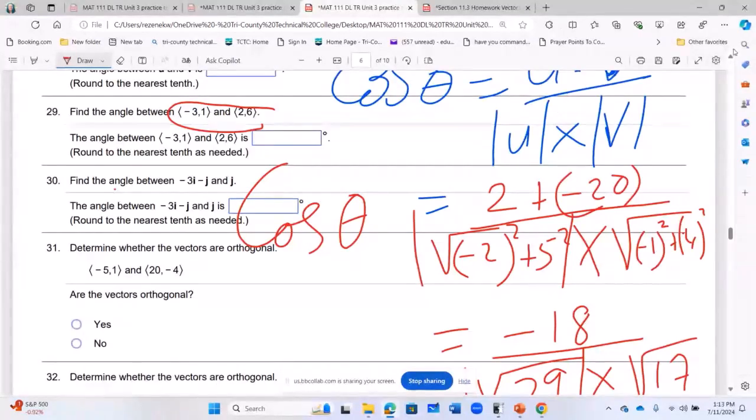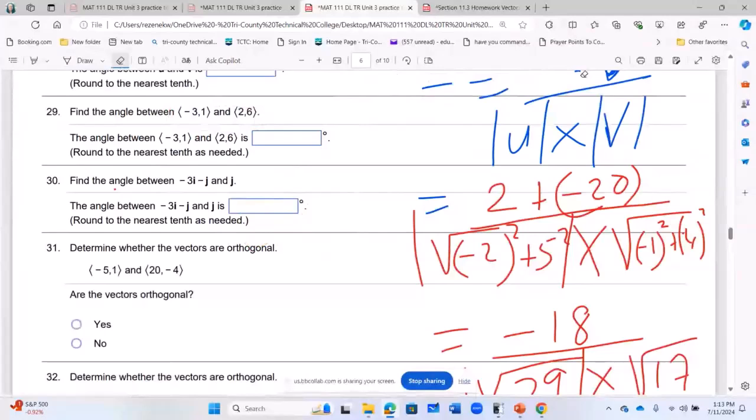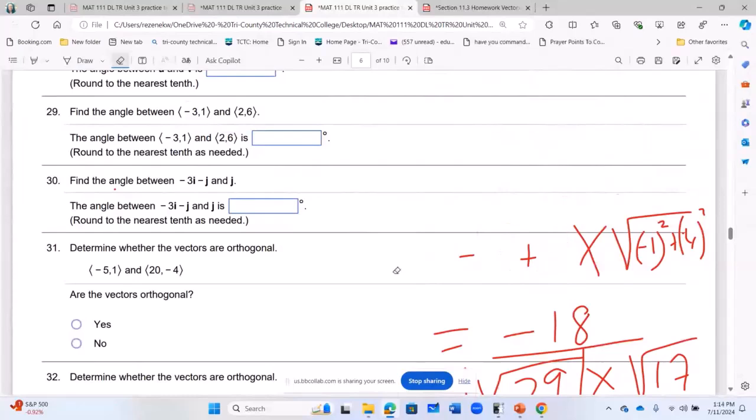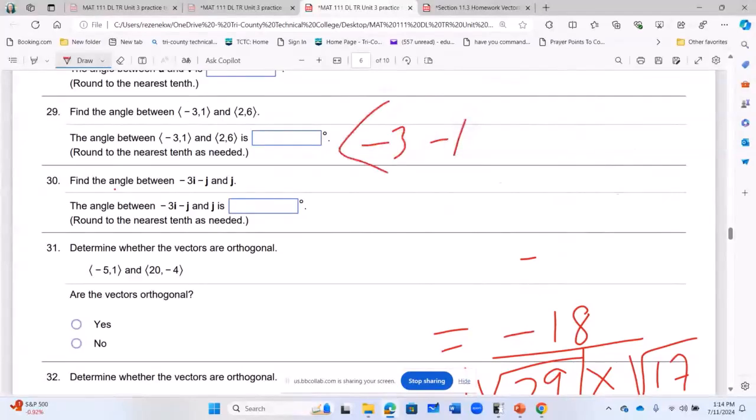The vectors in number 30 are in unit vector form. That's okay, you can still get your x component and y component. The x component in the first vector is negative 3 and the y component is -1.